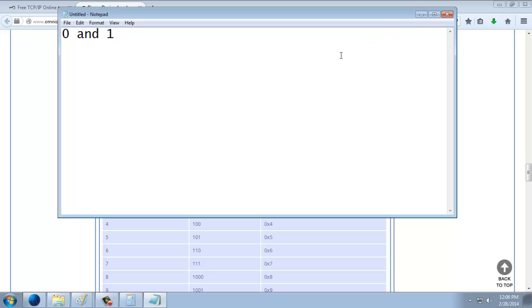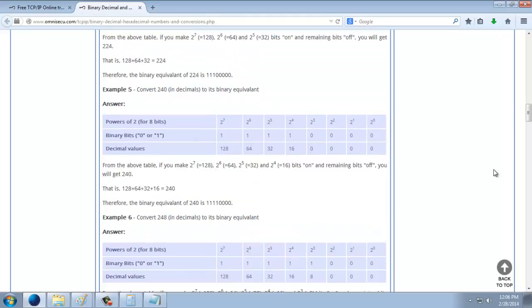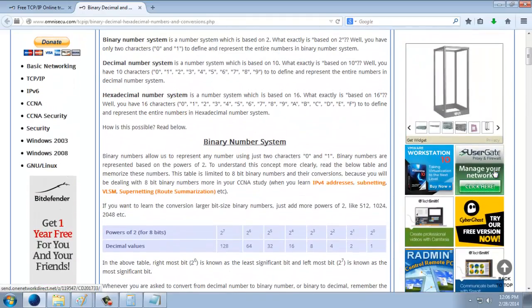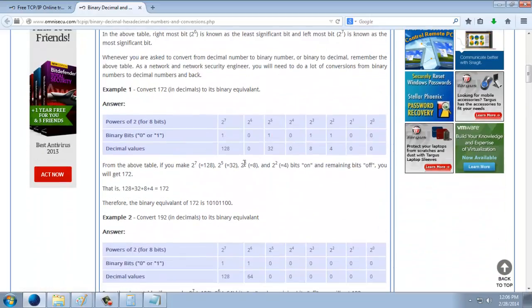Here we use something known as a power. Keep in mind that I am teaching this for networking related binary and hexadecimal number systems. Here we are more concerned about an 8-bit binary number.